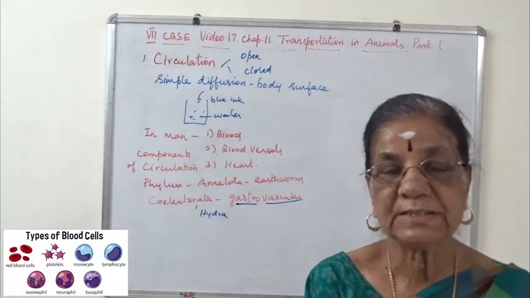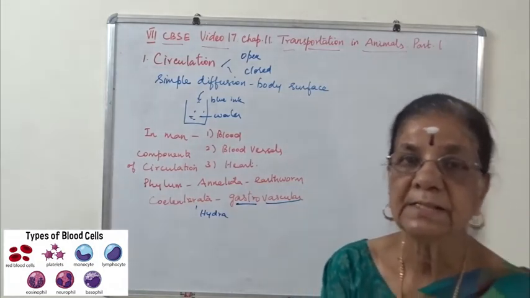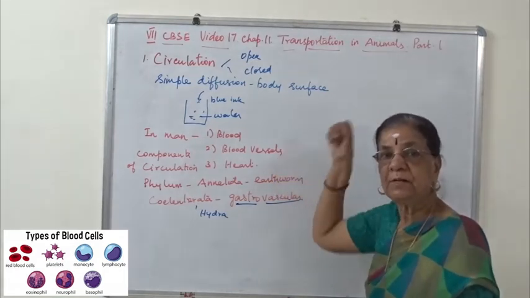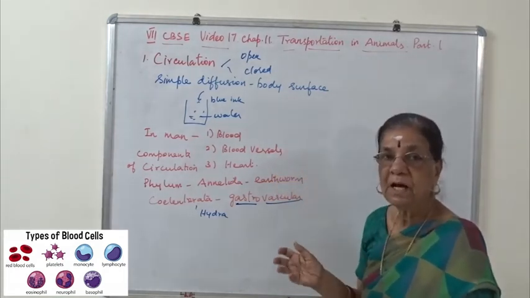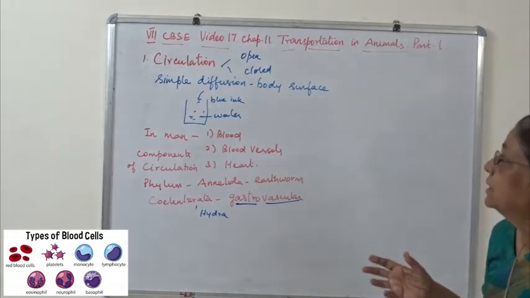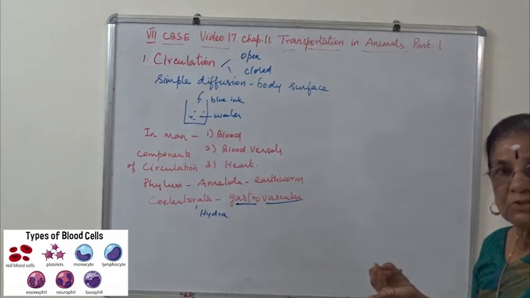Now those blood vessels are named artery, veins and capillaries, which we will see in detail next. So circulation has two types, open type and closed type.